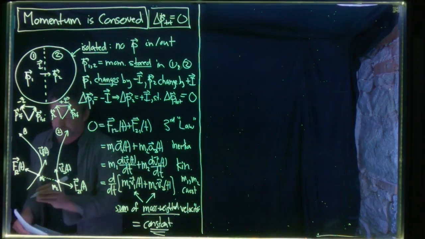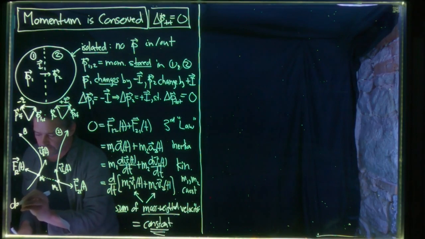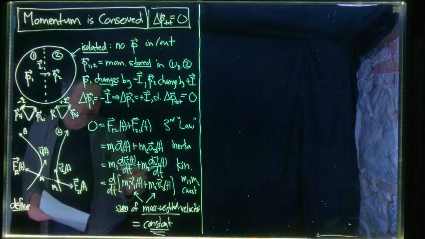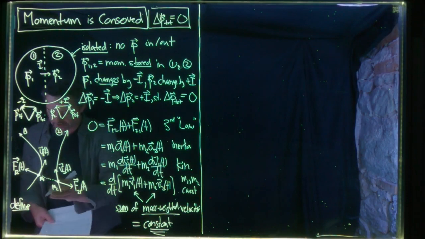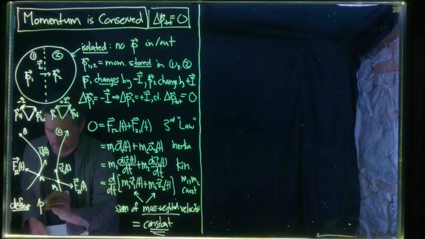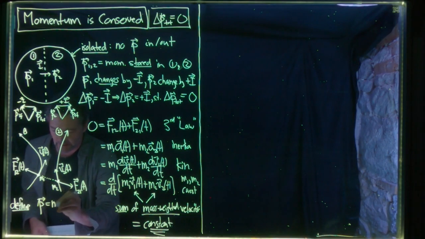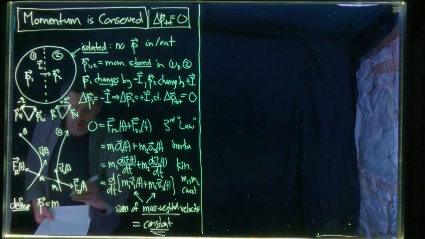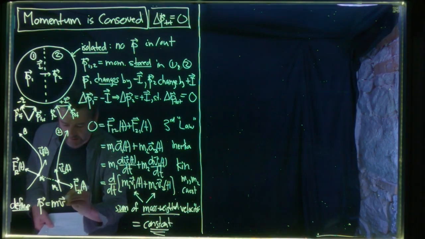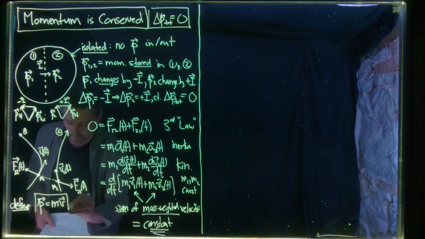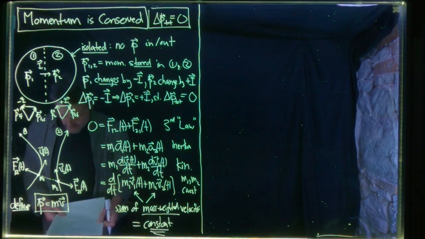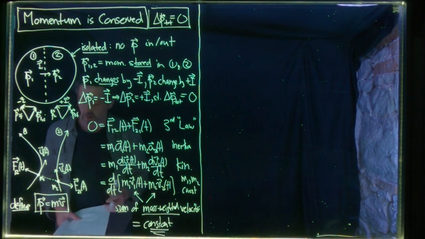So what we do is we define, there's something special about a mass-weighted velocity, so we give it a special symbol, p. And it's a vector. So p is equal to the mass of an object times its velocity. And that thing is called the momentum.